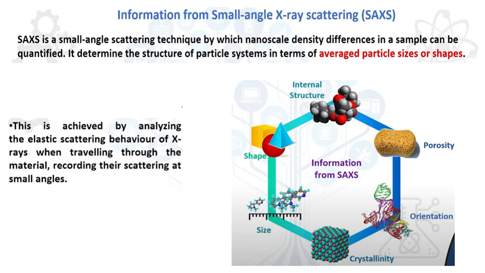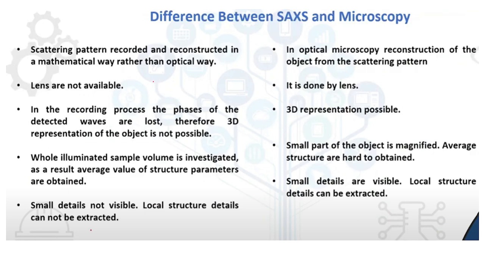If the material is porous, we can go for SAXS to determine how much porosity is there. Also for protein-type molecules, the orientation of those long molecules can be analyzed through SAXS. What is the difference between SAXS and microscopy?